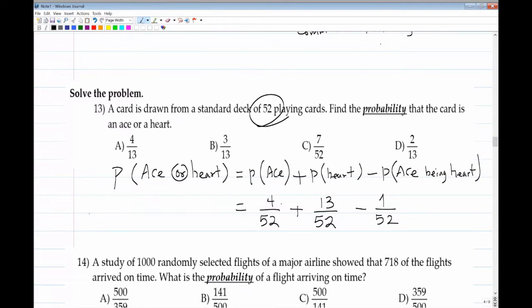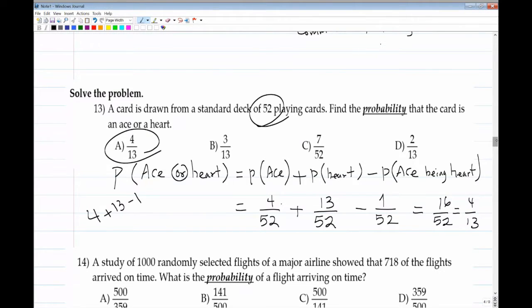Therefore, 4 plus 13 minus 1 gives me 16 divided by 52, which is equal to 4 over 13. Be careful with the or, meaning we need to use the probability of addition.